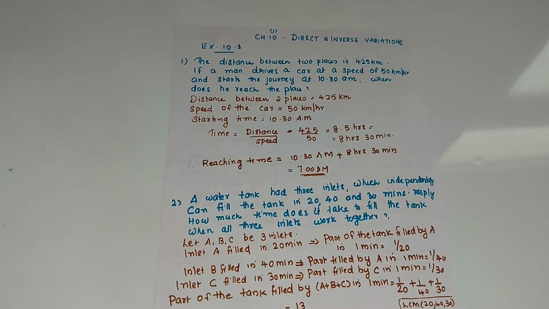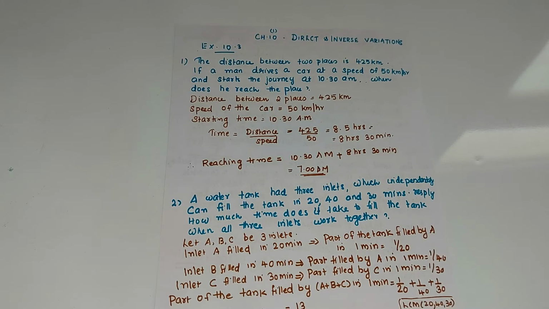Now next one. A water tank has 3 inlets which independently can fill the tank in 20, 40 and 30 minutes respectively. That means suppose we have 3 inlets A, B, C, then the time to fill the tank by A is 20 minutes and by B is 40 minutes and by C is 30 minutes.